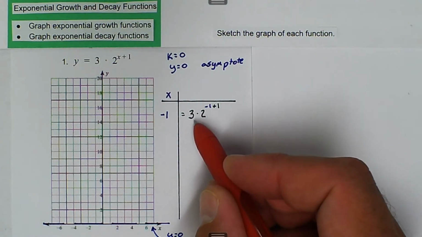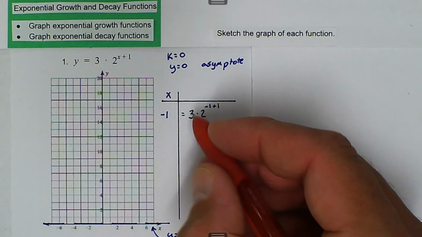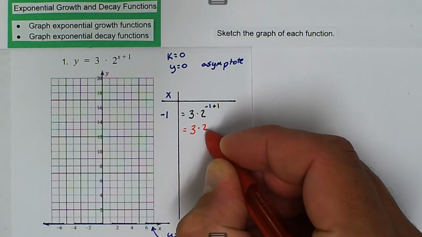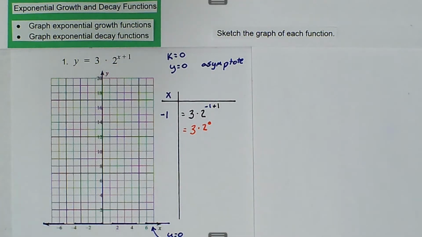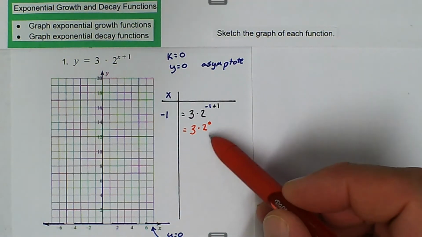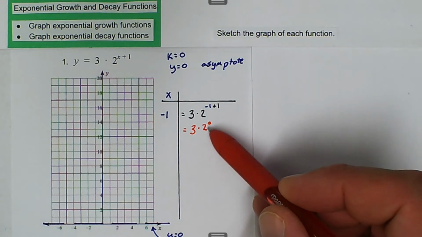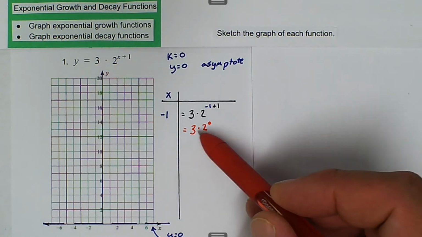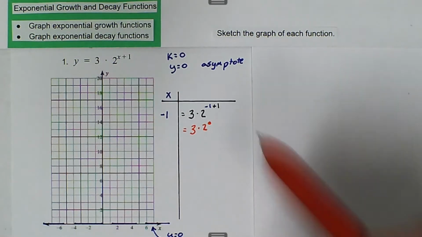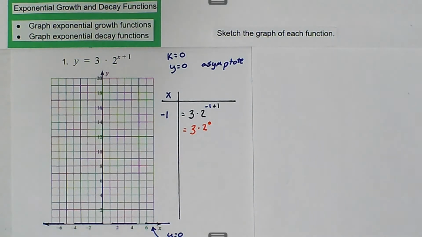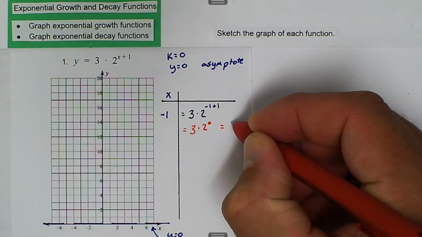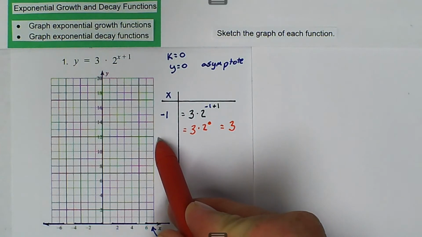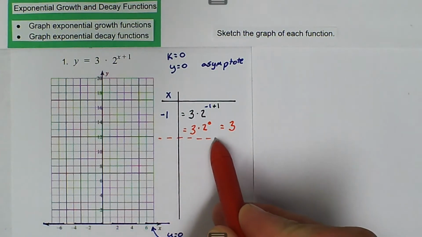If we do this math here, -1 plus 1 is 0. So then we get 3 times 2 to the 0 power. Then we can use our exponent rules. Anything to the 0 power is always 1. And so when we get our y value, 1 times 3, our y value is equal to 3. So we get the ordered pair -1, 3.